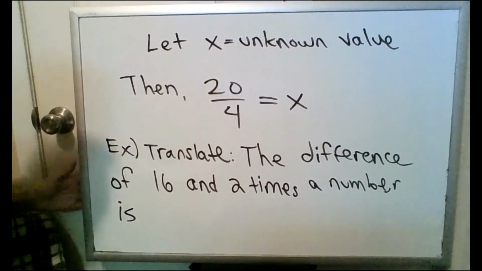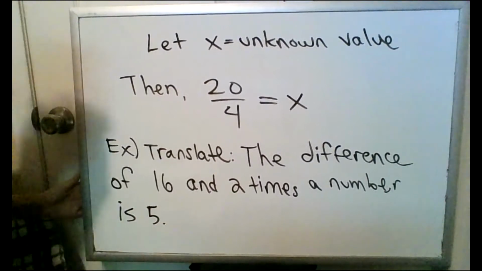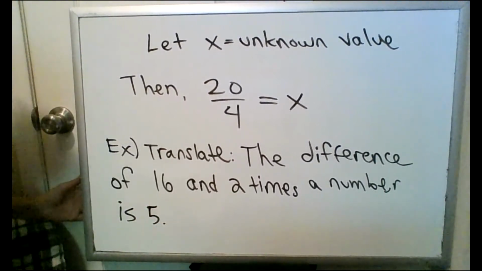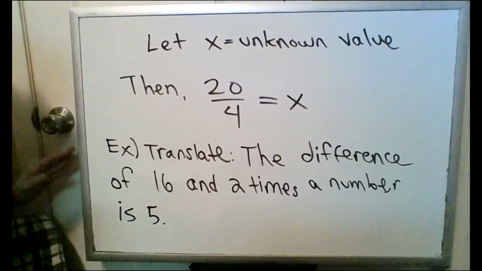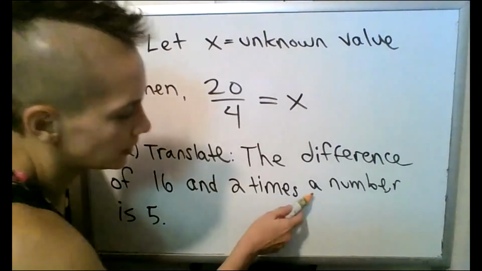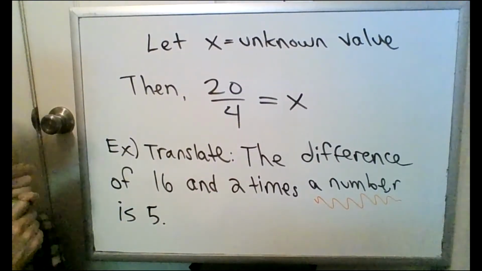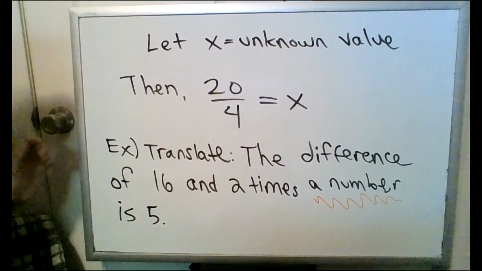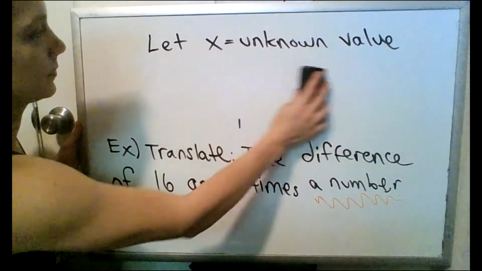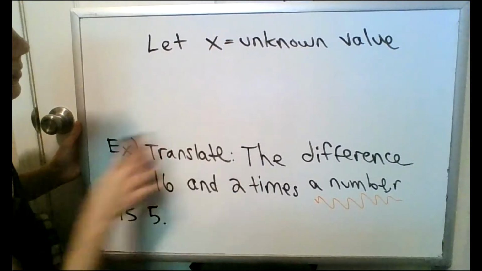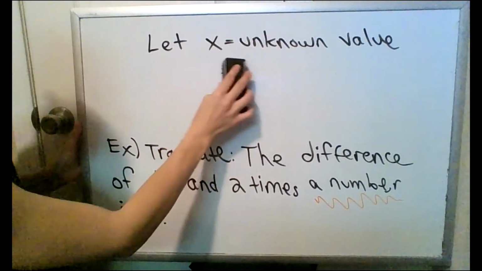Is 5. So the part that says a number is our unknown value that we're going to call x. So we're going to just keep this here.